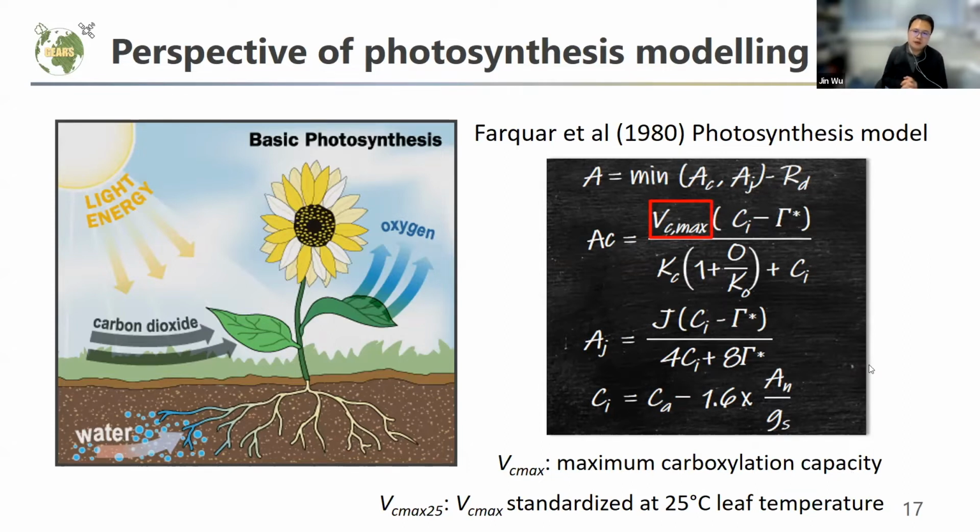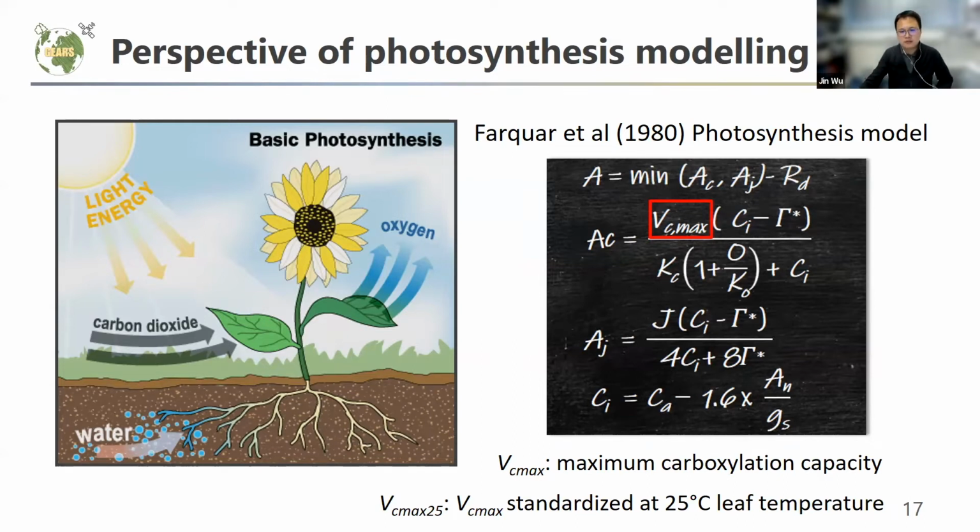Why is this parameter so important? Because for any plant, if we know Vmax plus the environment, we can use the model to simulate photosynthesis dynamics almost in near real time, not only at the leaf level but also at the canopy scale. So this parameter is fundamental to large-scale models that simulate vegetation response to climate change.